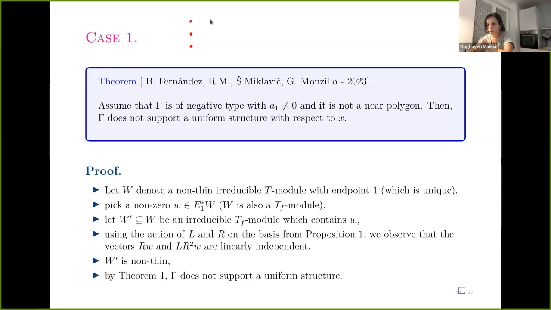First of all, we say that gamma supports a uniform structure when gamma F supports the uniform structure. And then we say that every T module is also a TF module.